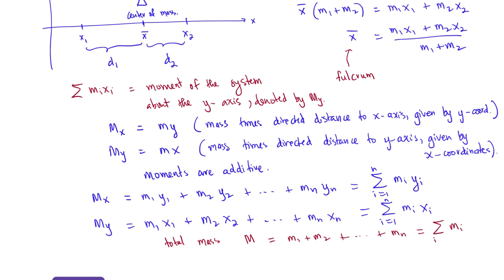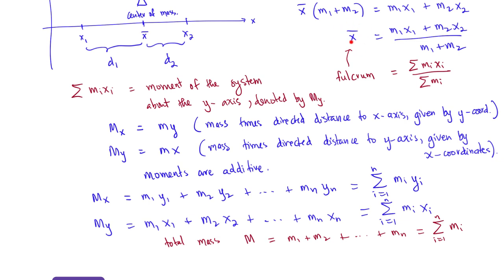We know from the system we set up earlier that x bar, the fulcrum, is the total moments divided by the total mass. The total moments is the sum of mi xi, and the total mass is the sum of mi.